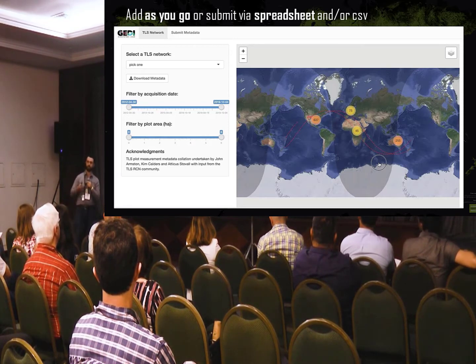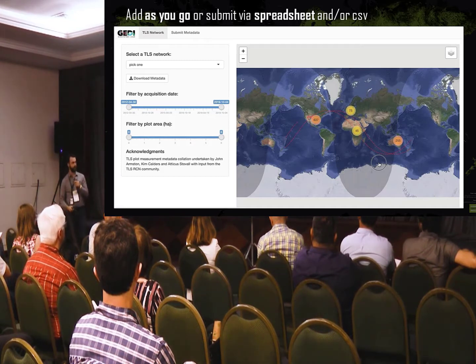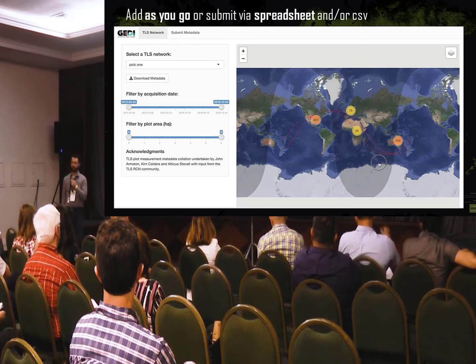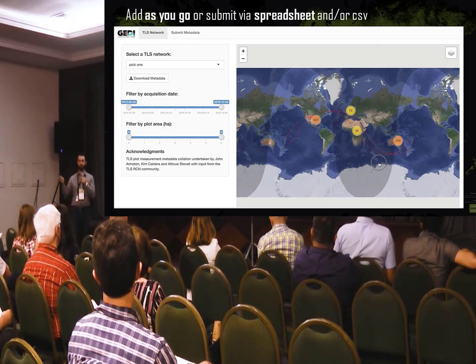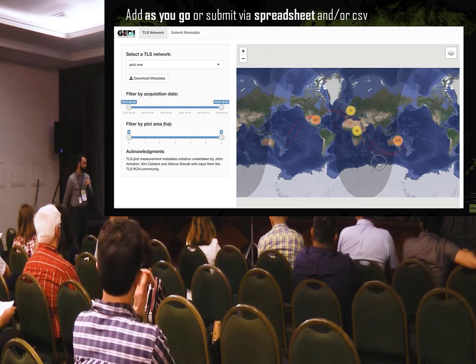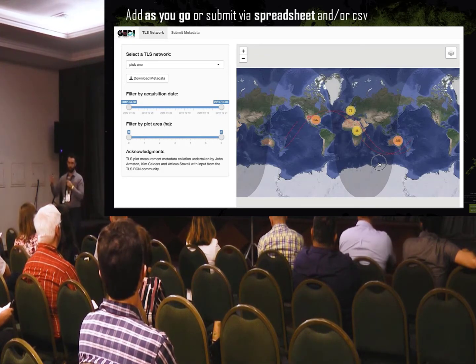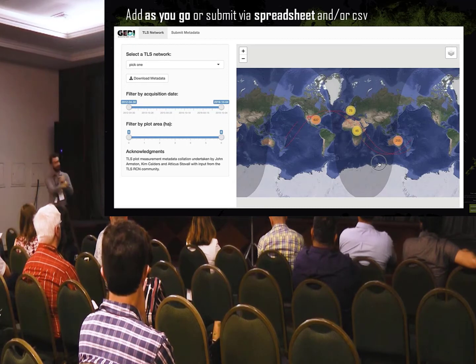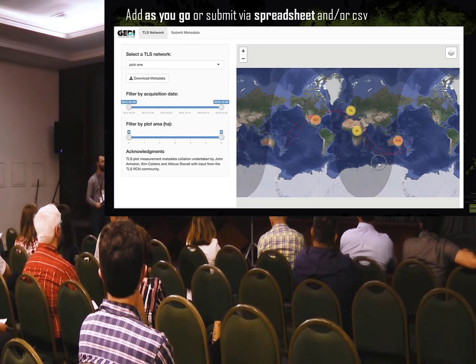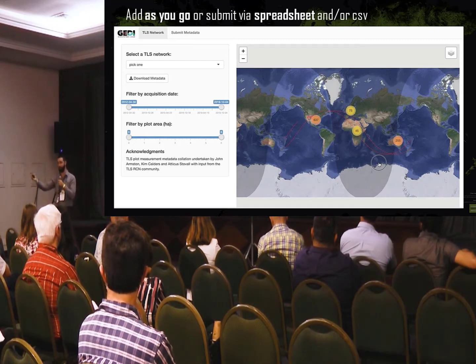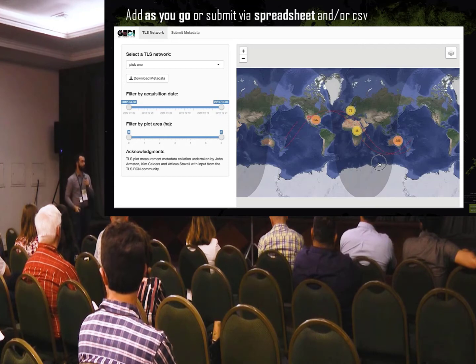So with that in mind, we have a standardized spreadsheet format that you can basically get from us and just fill in your data with essentially whatever you've collected thus far. From that, we've brought together, see, I told you we have plots. We brought together all these different plots from the three of us, just John Armstrong, Kim Cullers, and I.